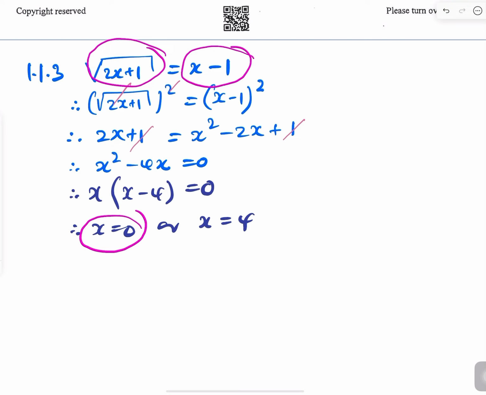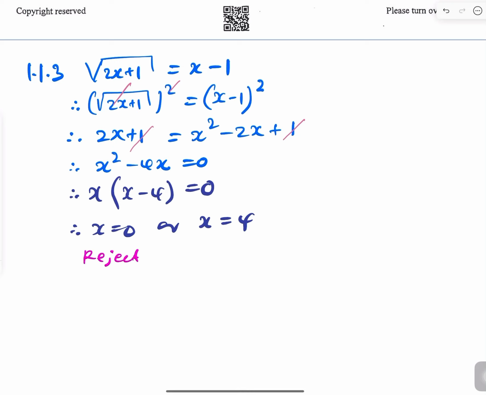But this side, if you put a 0, you're going to get -1, which is not true. So now we are going to reject x is not equals to 0. Please be able to reject that, or you can write that x is equals to 4 only.